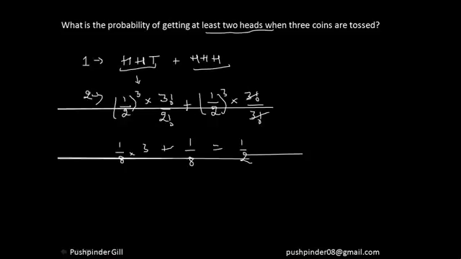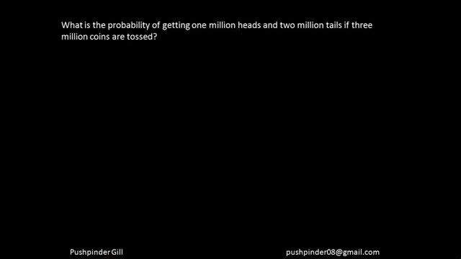Next question: the probability of getting 1 million heads and 2 million tails if 3 million coins are tossed. Looks humanly impossible to do, right? But yes, you can do it. How? How many coins are tossed? 3 million coins are tossed. So there are going to be 3 million variables.